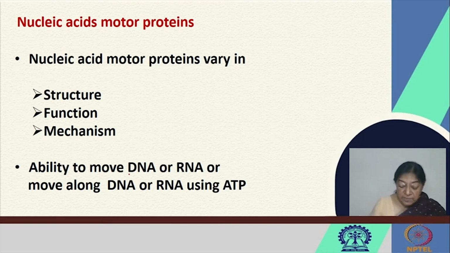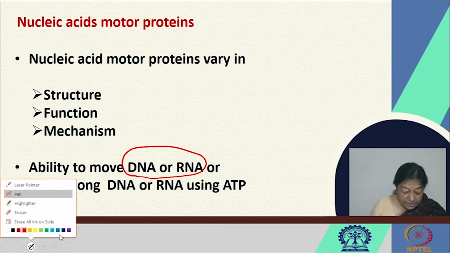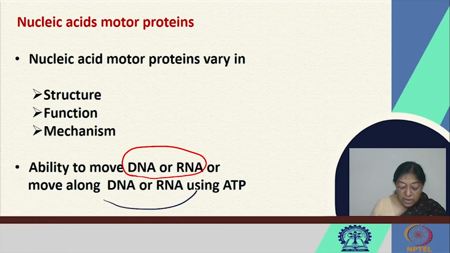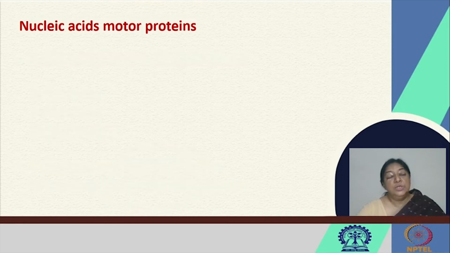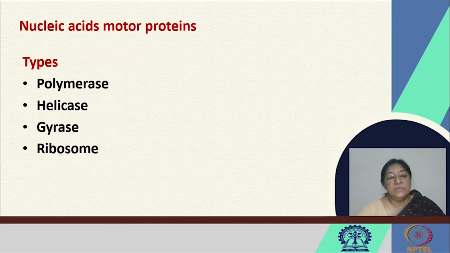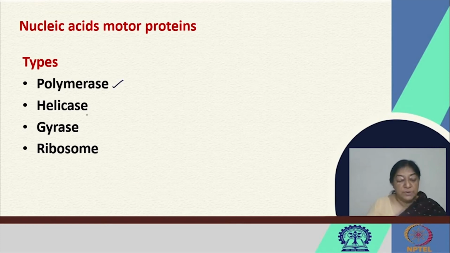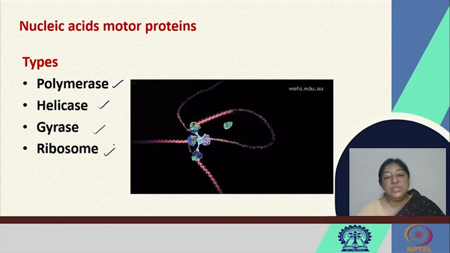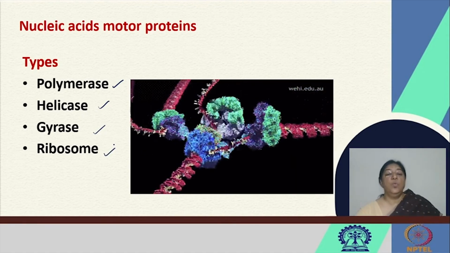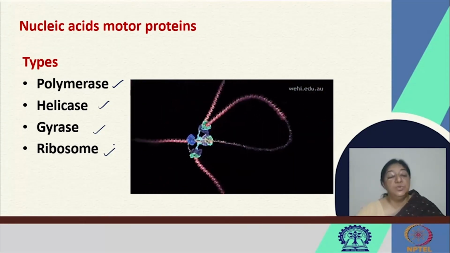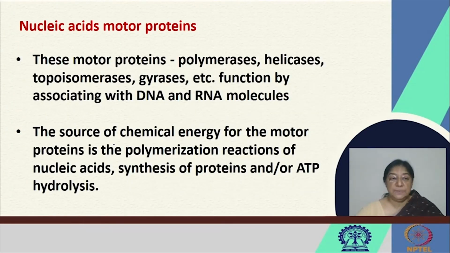So either they will be moving DNA or RNA, or they themselves will move along DNA or RNA. The nucleic acid motor proteins are of different types. They are polymerase, helicase, gyrase, and ribosomes. We will be looking at each of these types and see what they can actually do and how they function.